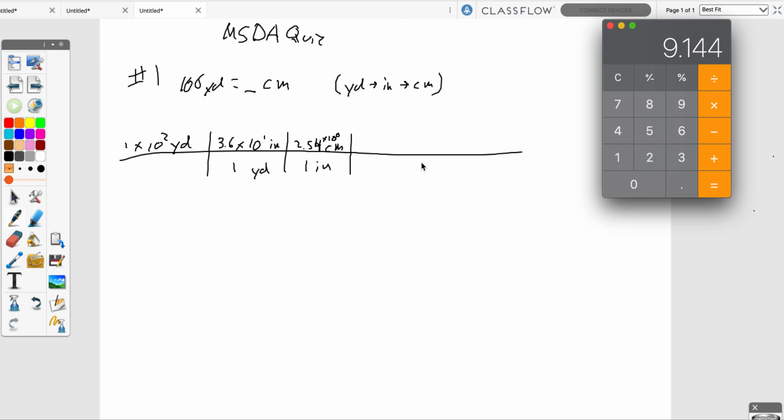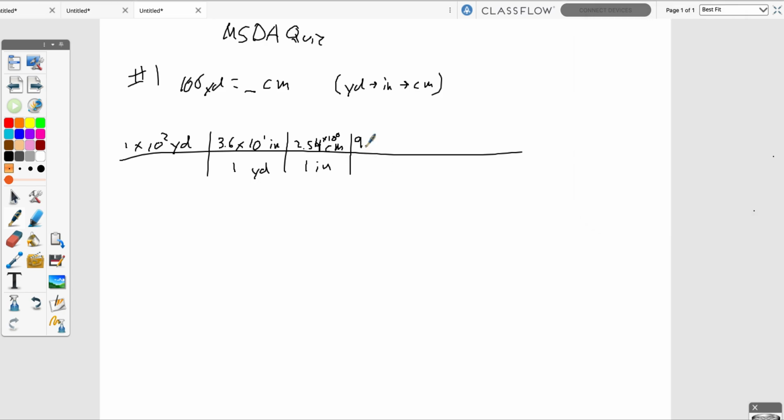And we end up with 9.144. And then we have to say times 10. What do we got here? This is a 0, so that doesn't even matter. This is a 1, and this is a 2. So when multiplying, we're going to add them. So 1 and 2 makes 3.